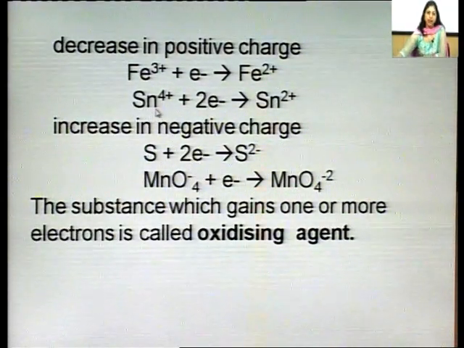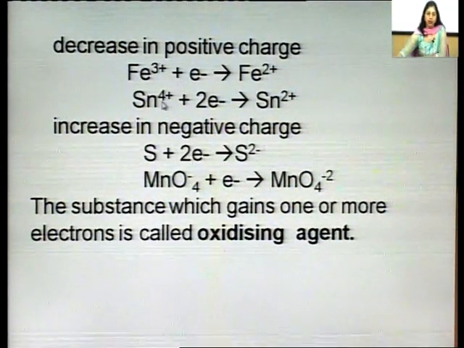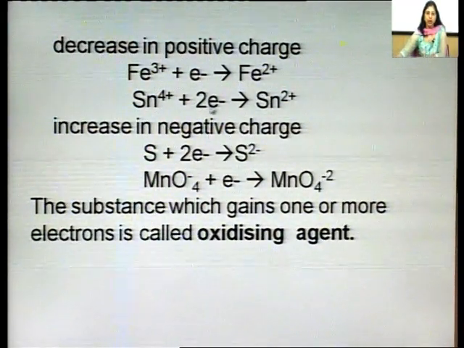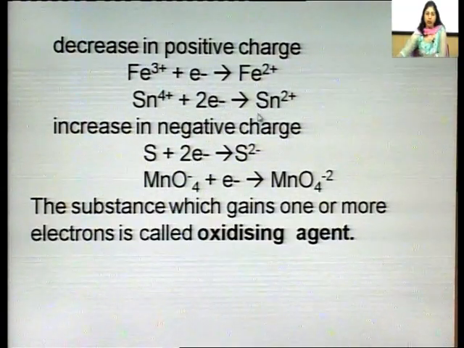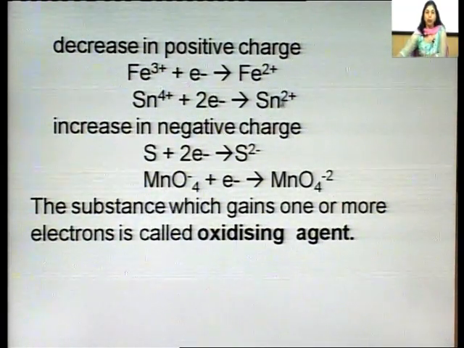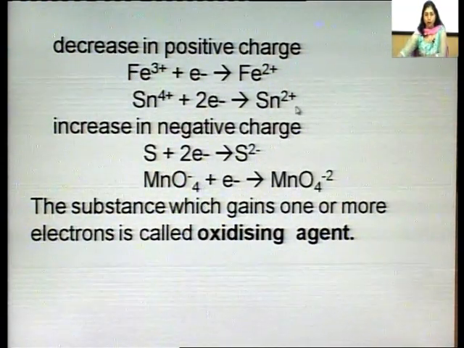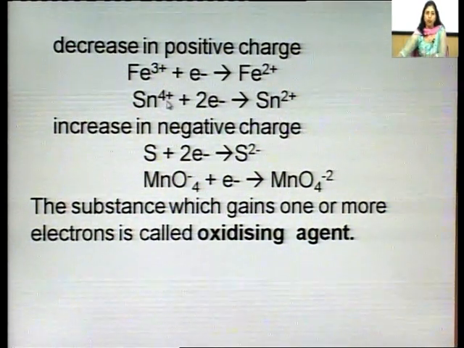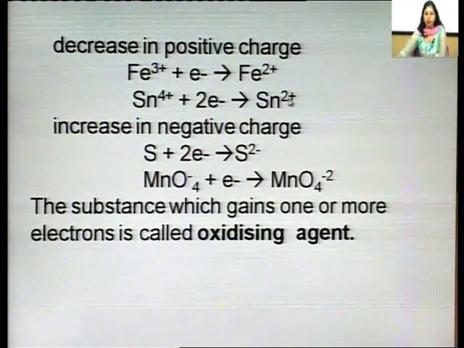Similarly, in the second case, when tin having 4 positive charge gains 2 electrons, it acquires 2 positive charge, means again the charge has been decreased, positive charge from +4 to +2.